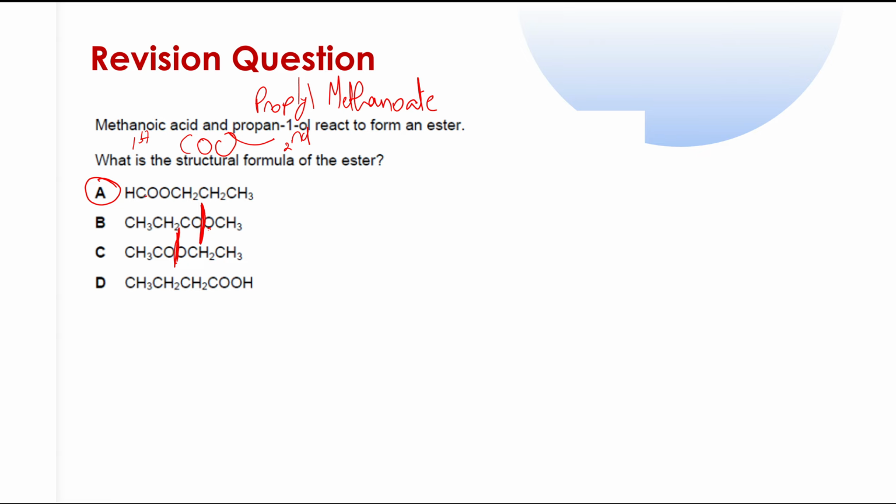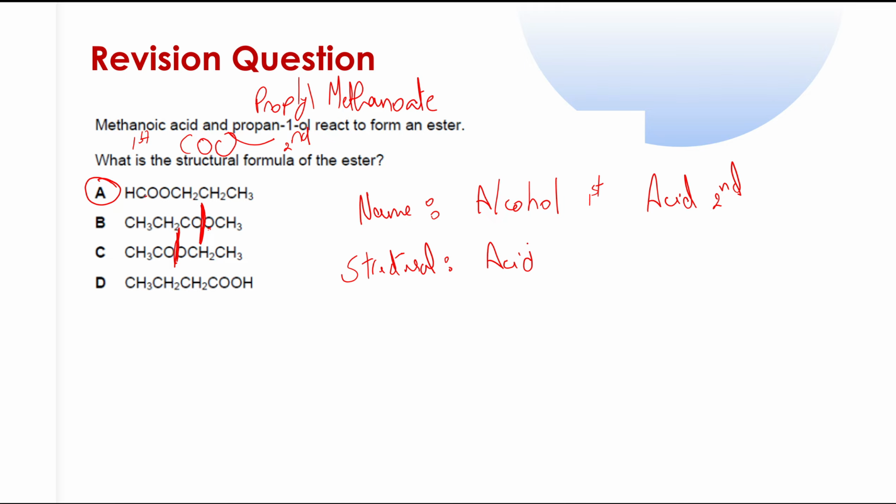So in summary, for the esters, for the name, the alcohol part comes first, and the acid comes second. For the structural formula, the one that we have right here, the acid part comes first, and the alcohol part comes second.